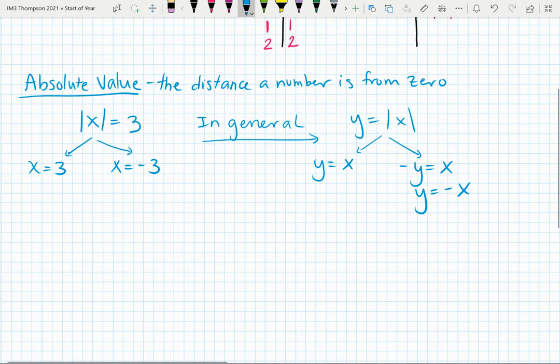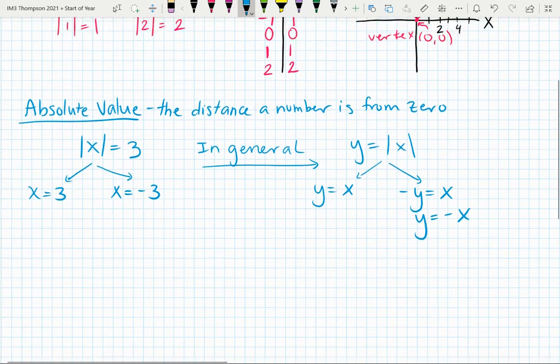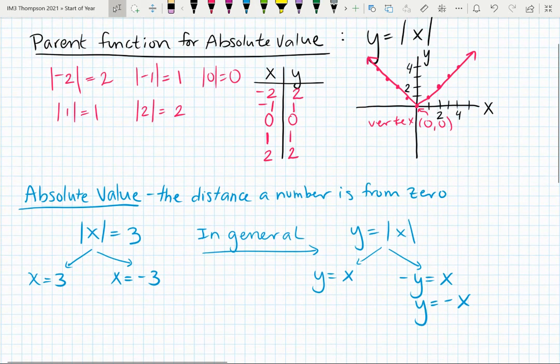So when we're talking about what this looks like, these equations, y equals x and y equals negative x, are apparent in this graph, because y equals x is the line that has a positive slope that goes up to the right.